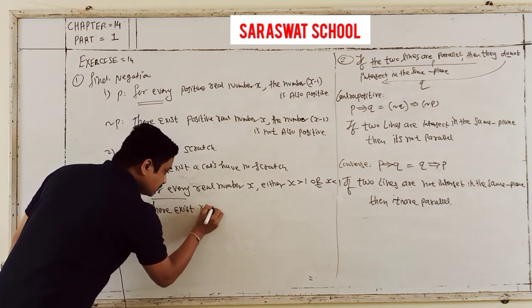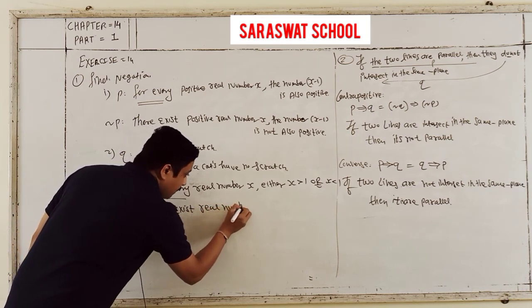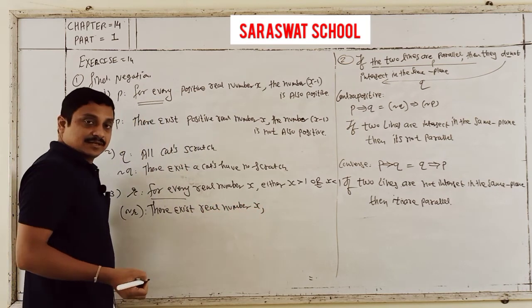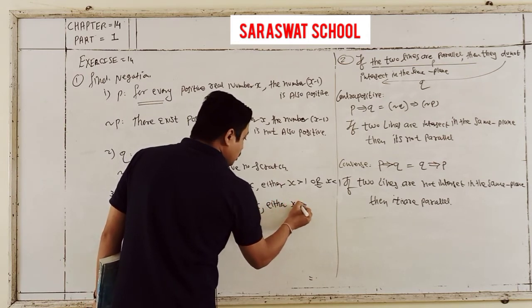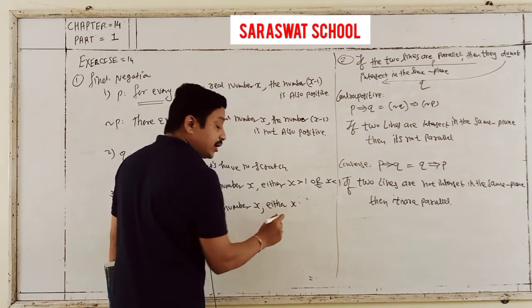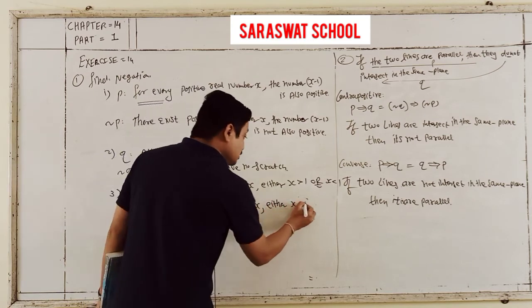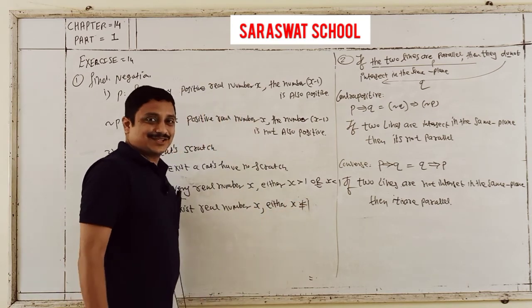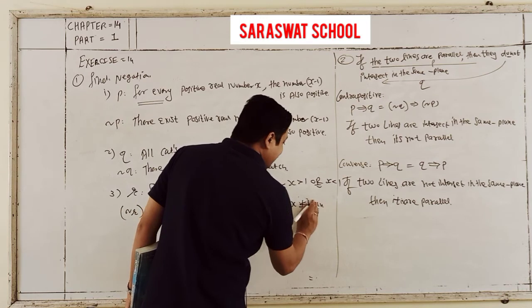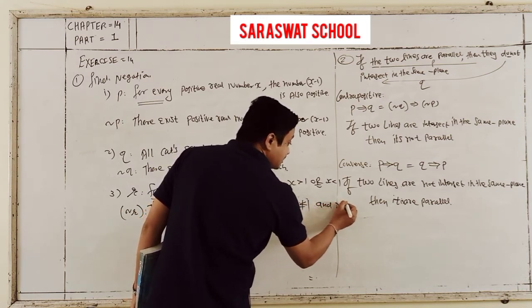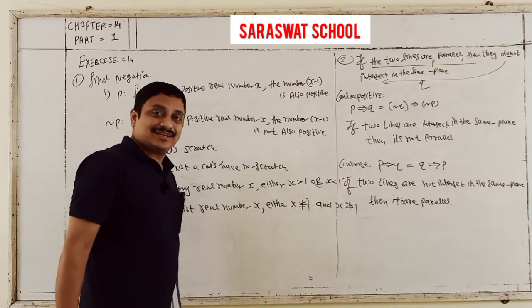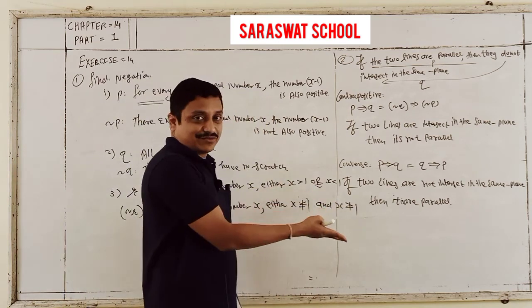There exists a real number x such that x is not more than 1. You can also write it with the opposite: not less than or equal to, and here change x less than to not greater than or equal to 1. Either way you can change it.